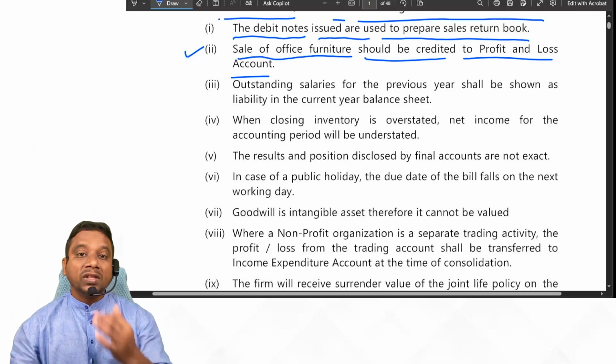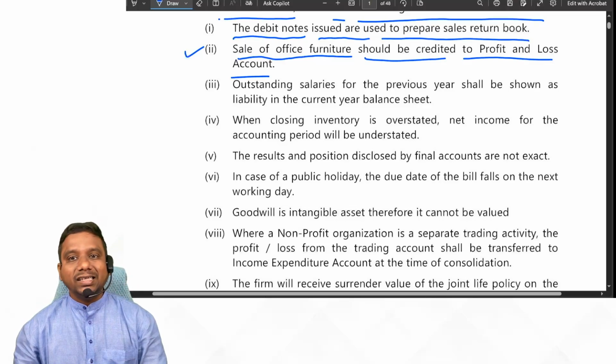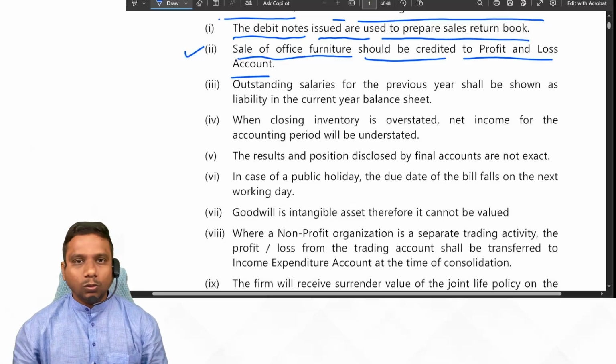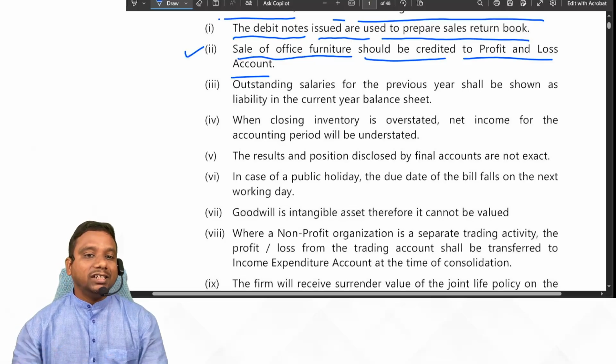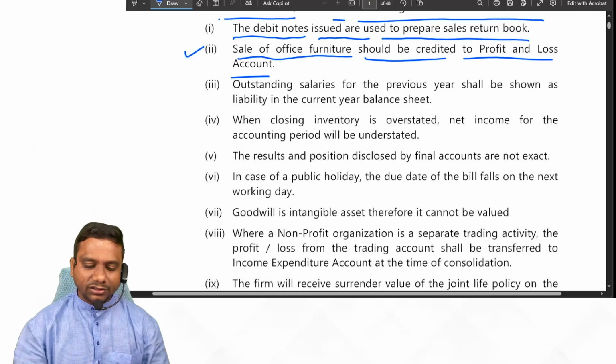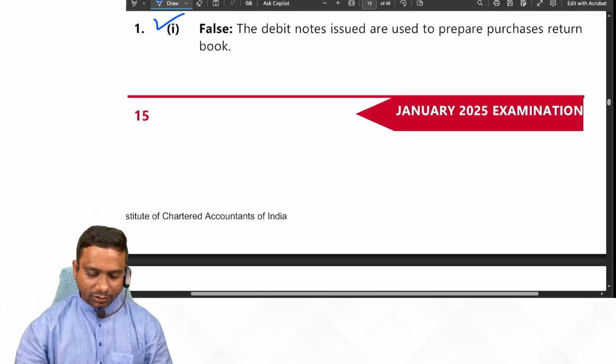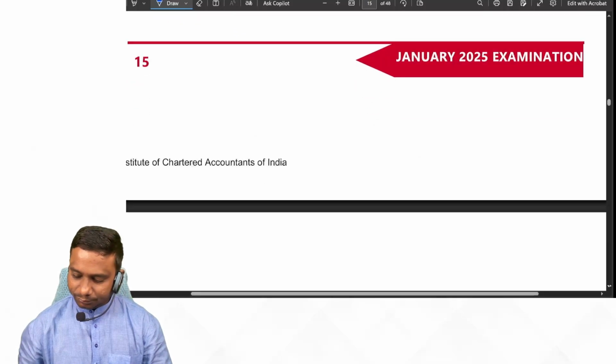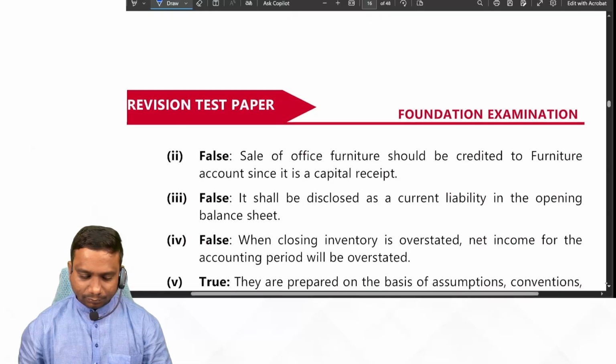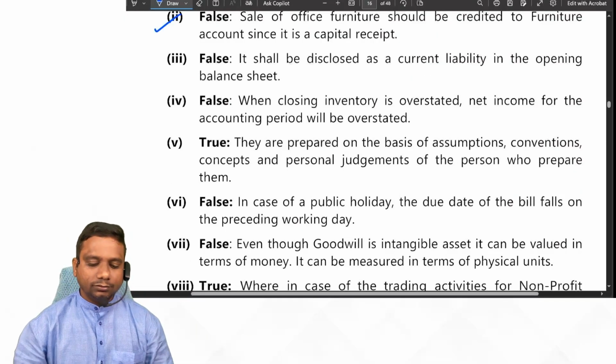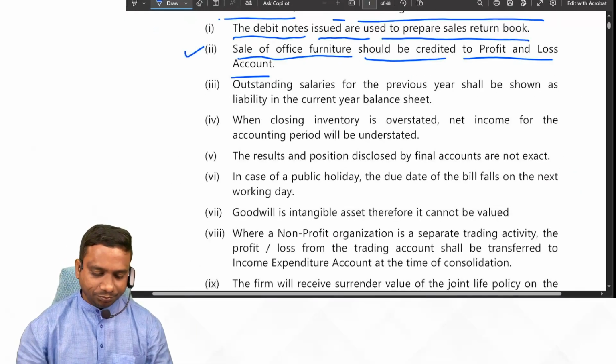But here they said sale of office furniture is credited to the profit and loss account. No, sale of office furniture is credited to the furniture account. Yes or no, students? Yes. So second one is false. Next one.